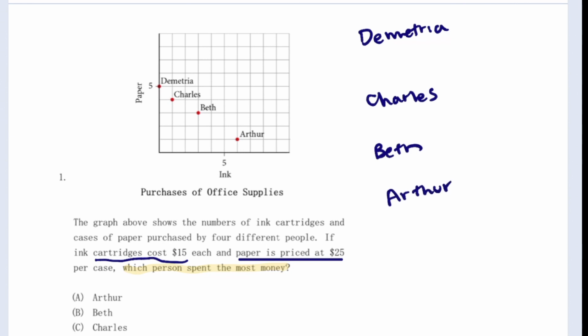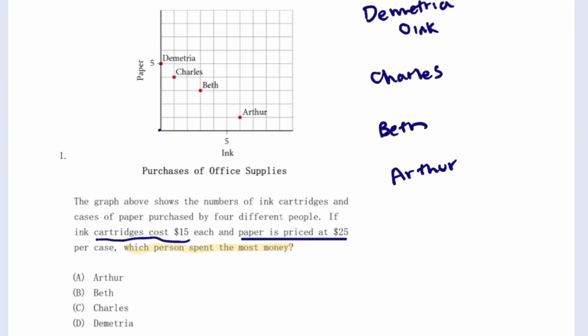So first, if we look at Demetria, it looks like he bought 0 ink, but 5 papers. So he is going to have 25, which is what paper is priced at, times 5 equals 125.